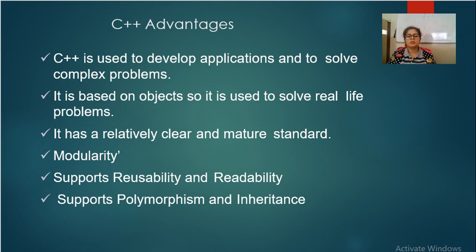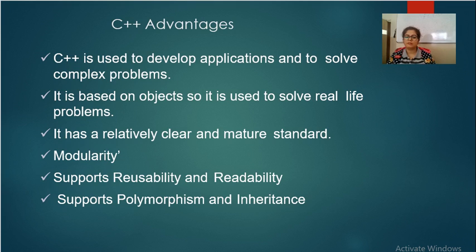Next, it supports polymorphism and inheritance. So students, polymorphism and inheritance are very important features of C++, and there are full-fledged topics on them. We will study in later videos what polymorphism is and what inheritance is.